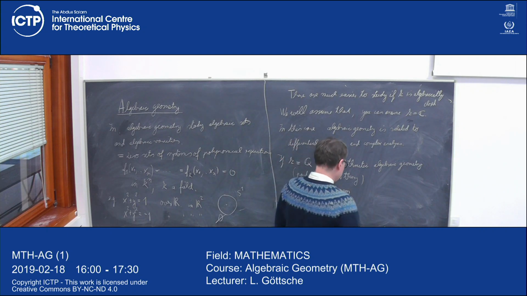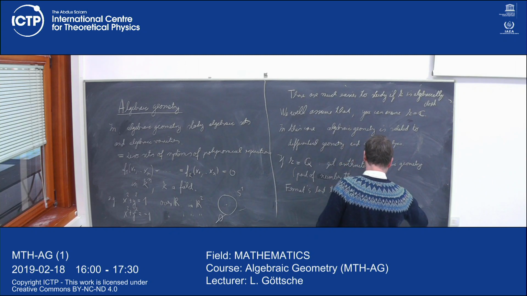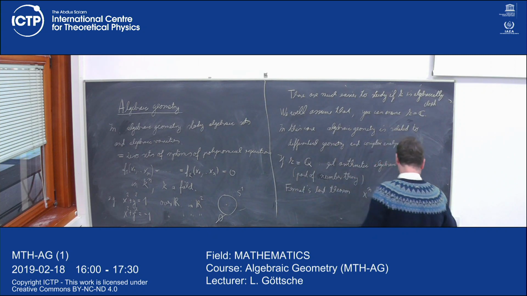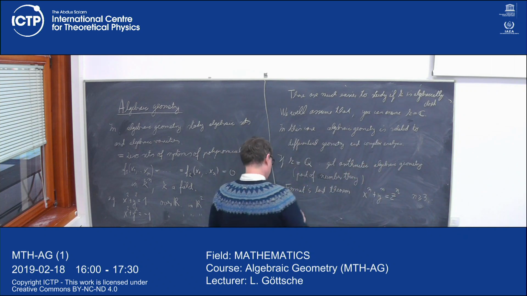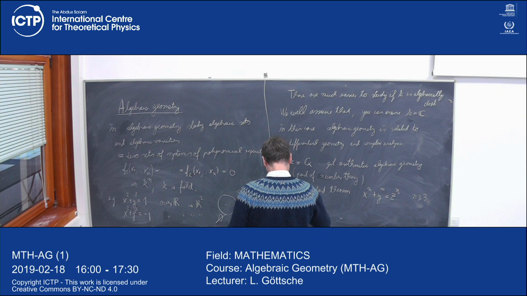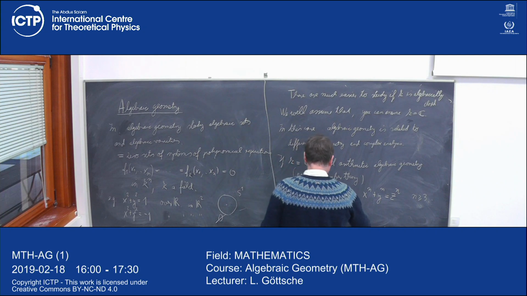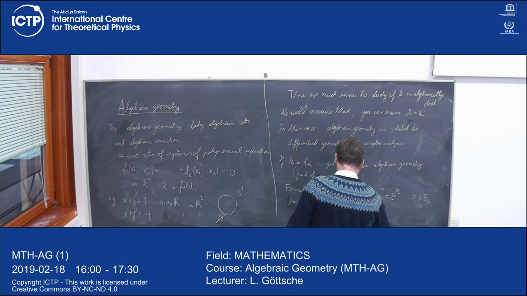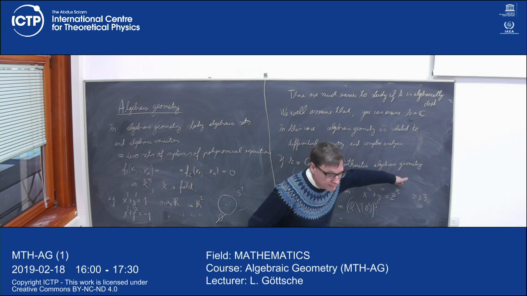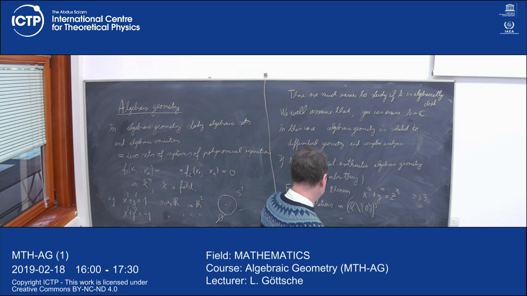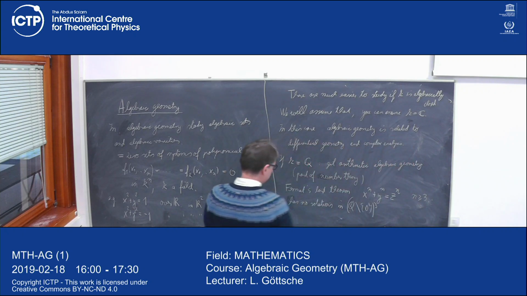If we take the equation x to the n plus y to the n is equal to z to the n, with n bigger or equal to 3, then this has no solutions in Q without 0 to the 3. So there are no solutions where not one of the variables is 0. So this would be an equation.